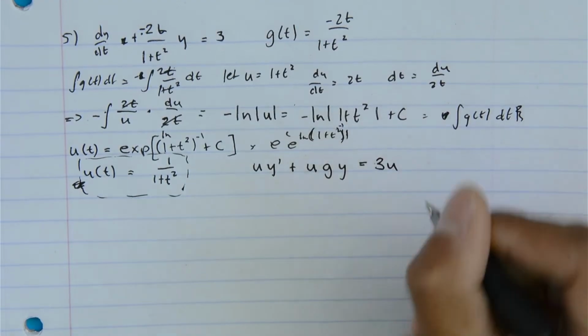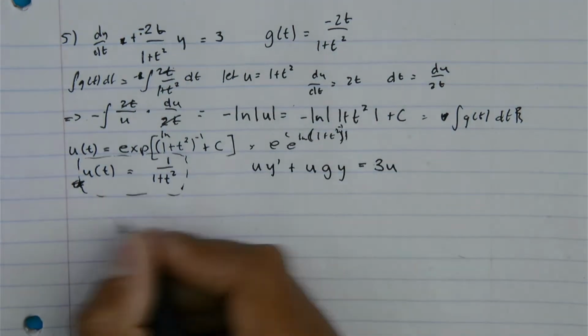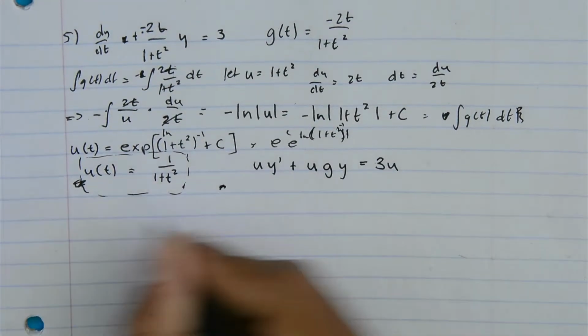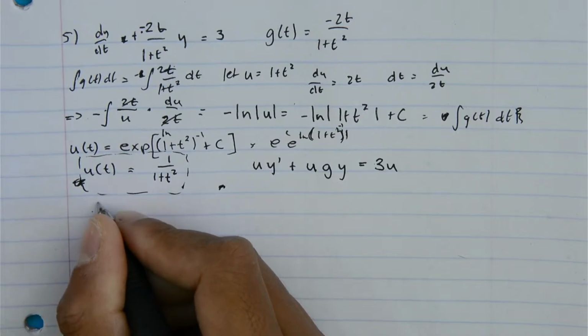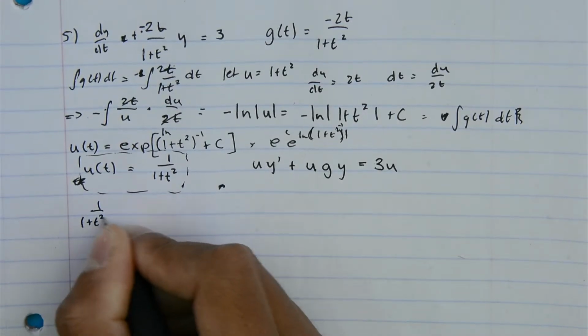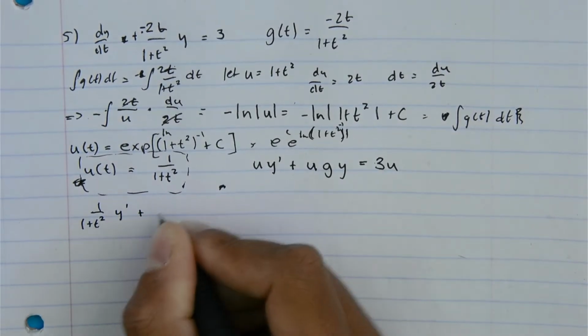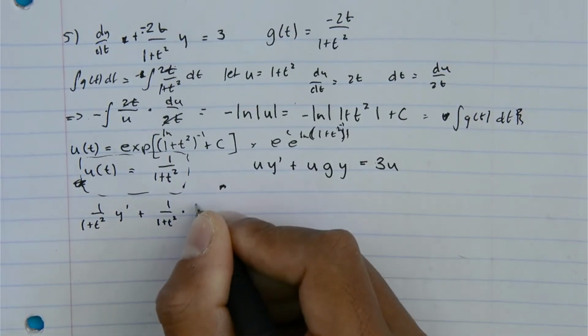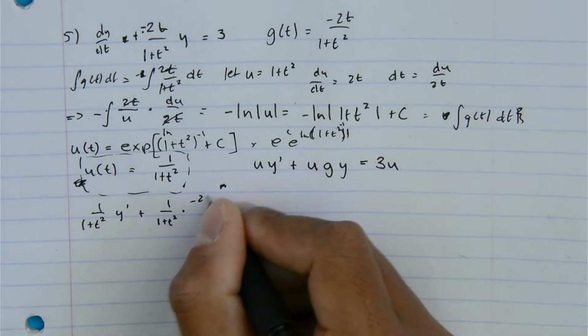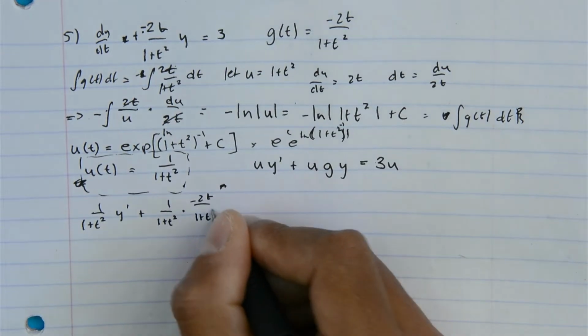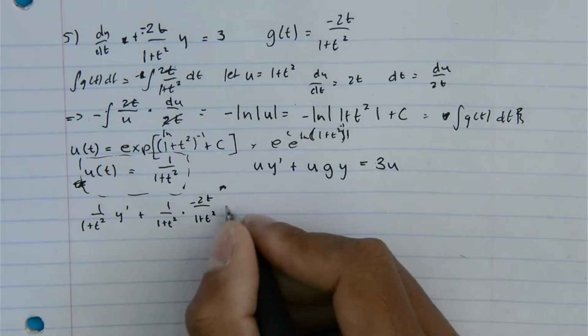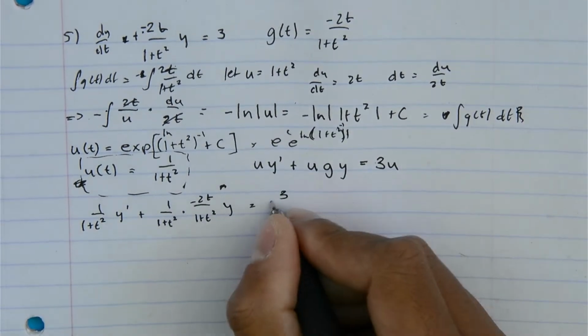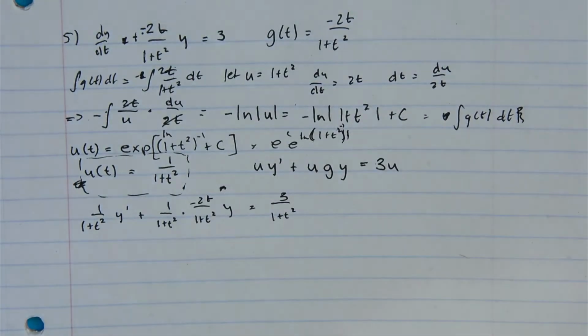So this is equal to 1 over 1 plus t squared y prime plus 1 over 1 plus t squared times minus 2t over 1 plus t squared y is equal to 3 over 1 plus t squared.